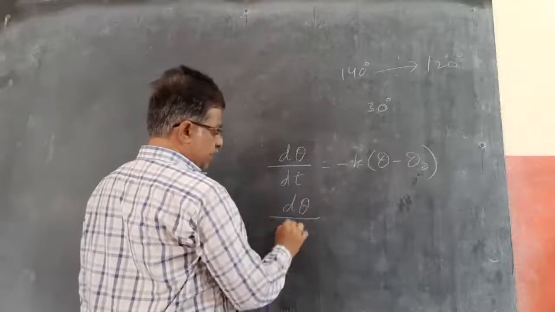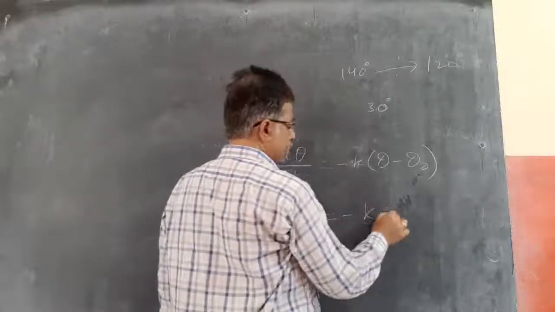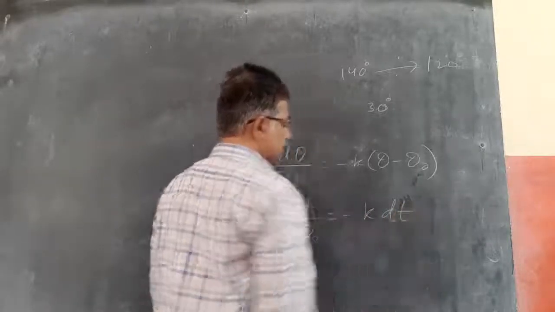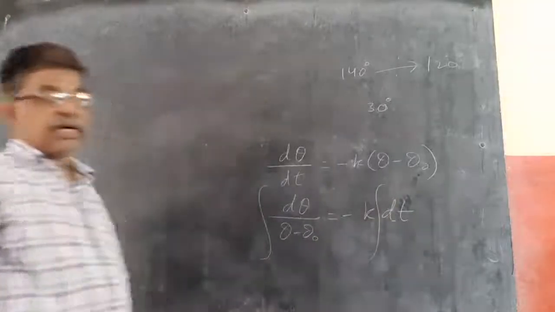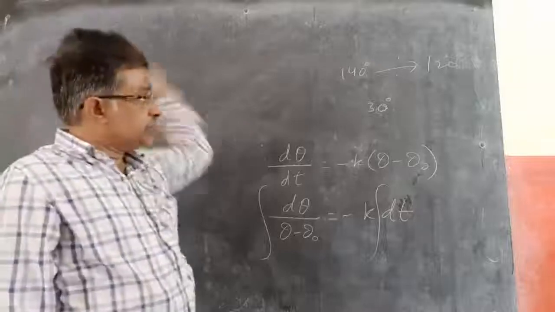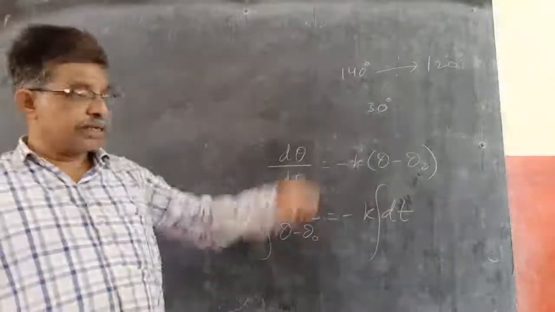That means d theta by theta minus theta naught equals minus k dt, where k is a proportionality constant. Integrating on both sides, you will get a relation. Then by solving it using these temperatures, you can get the time taken to cool down to 120 degrees.